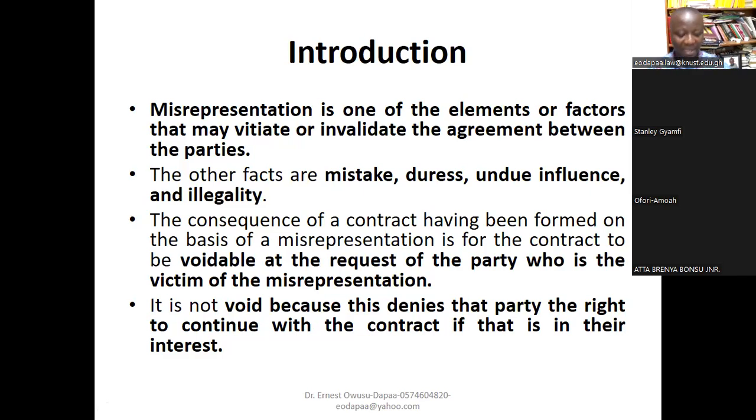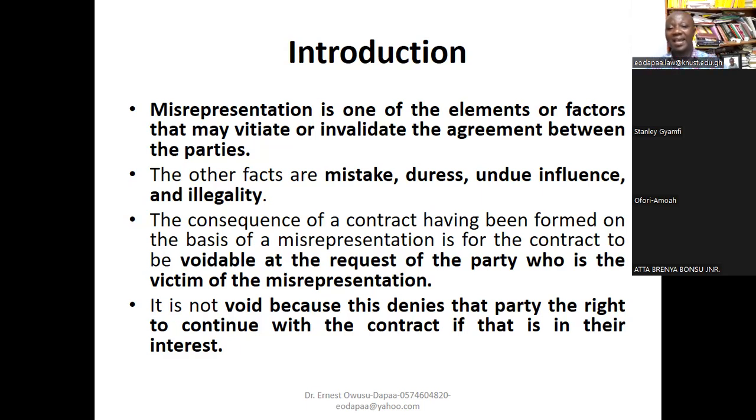We know others, as we have been talking about them. Besides mistake, we'll be looking at duress and undue influence. Of course, illegality is put there, but illegality arguably is not a vitiating factor for some scholars, but we will look at that when we get there.